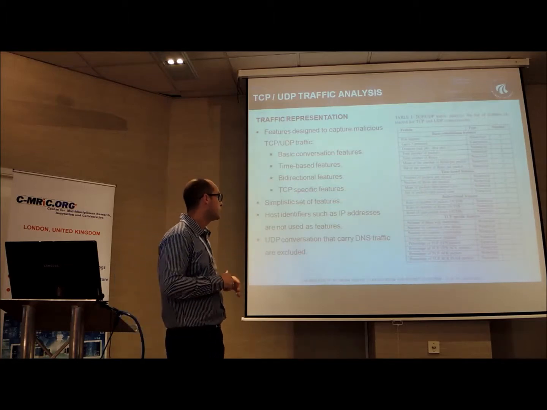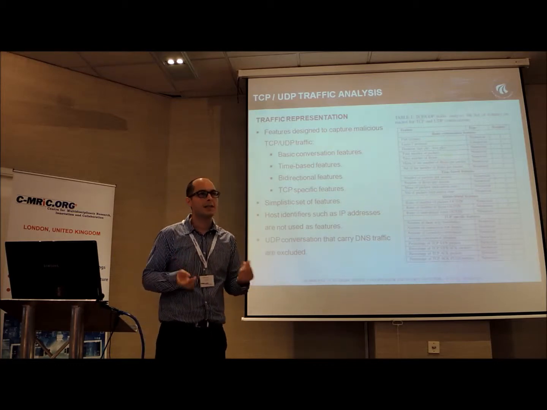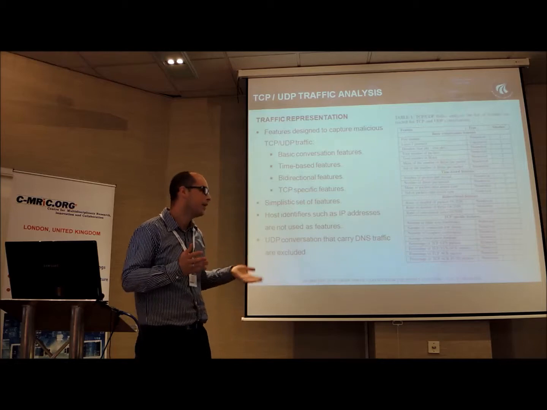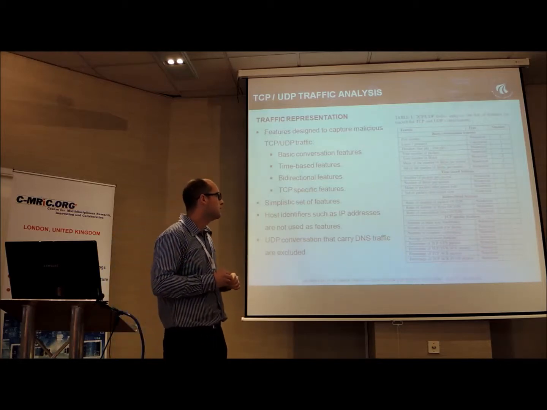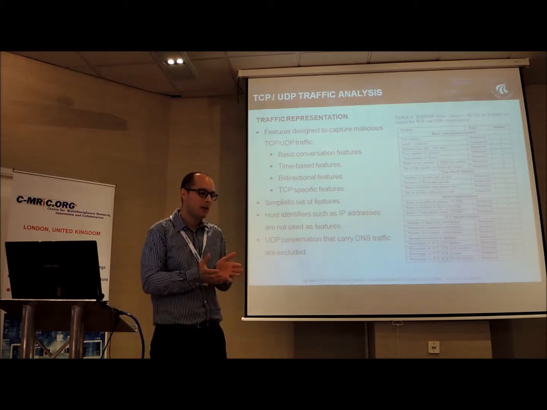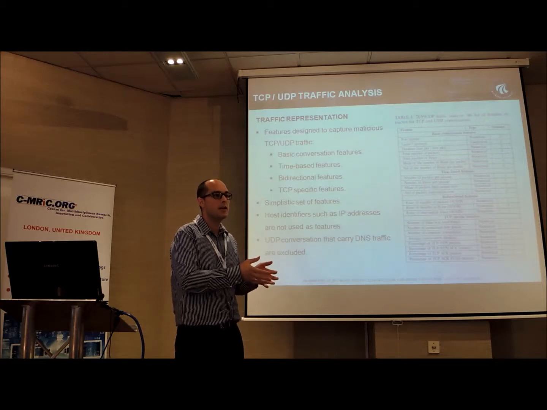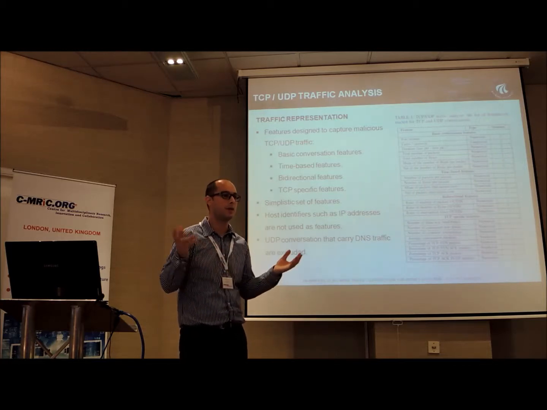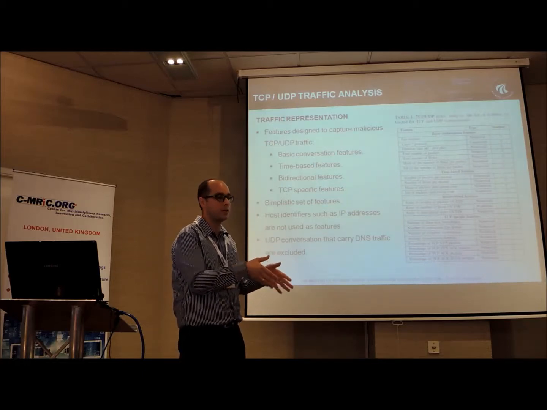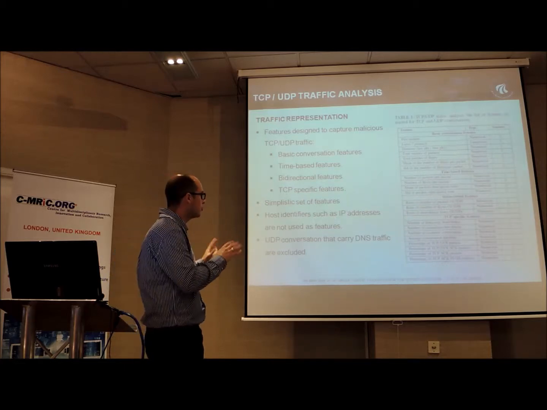We don't use any host identifiers such as IP addresses as features, which could be seen as good from the privacy side. Many authors use IP addresses as features, and as you usually have a really small set of malicious IP addresses, your classifier performs admirably because it's easy to distinguish between a couple of malicious and non-malicious IP addresses. We can of course comment on that, but we don't use them.